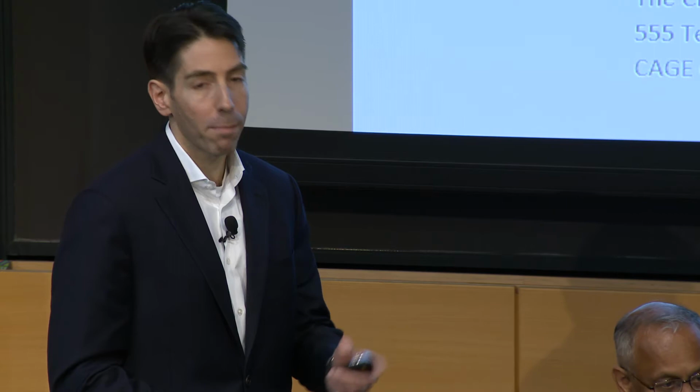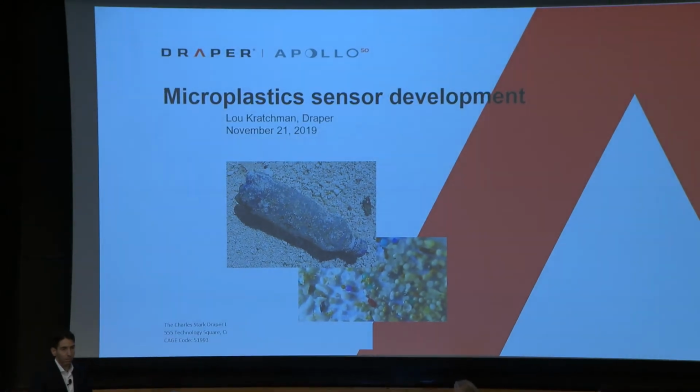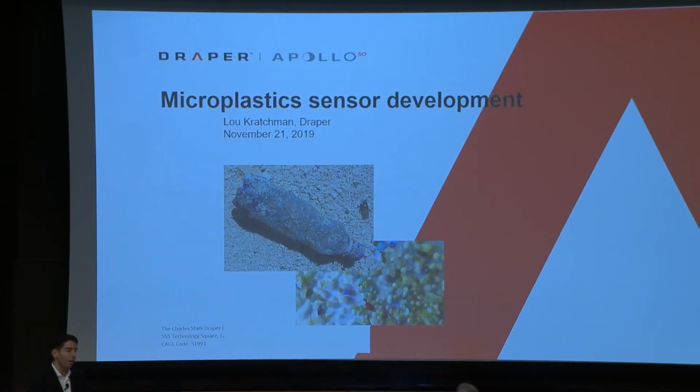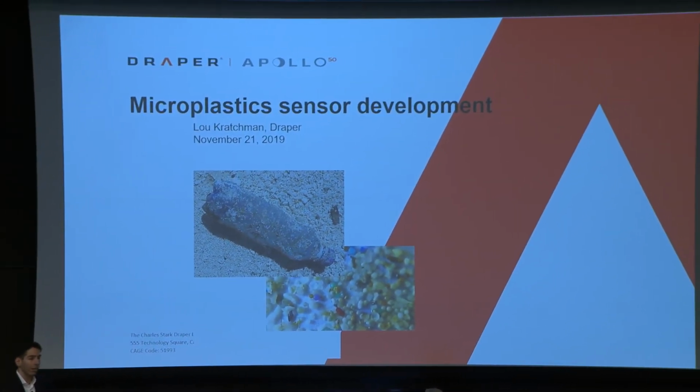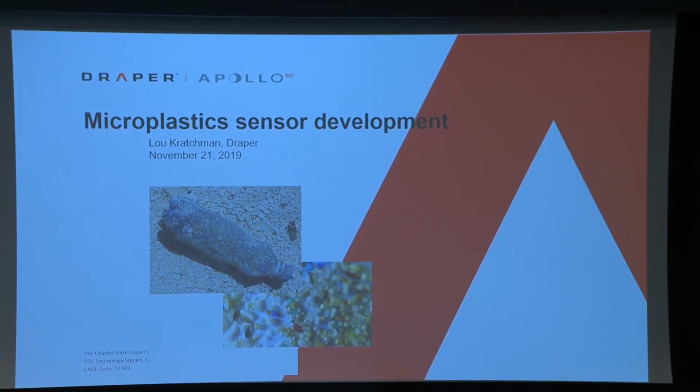And I'm just going to go back to my beginning slide. That bottle there is a PET bottle that I took a photo of on Tern Island, which is 500 miles west of Oahu. We were doing a sampling and investigation with the EPA. So that's about as remote of an area as you can find on the planet. And we found plastic in abundance. So I'll finish with that.